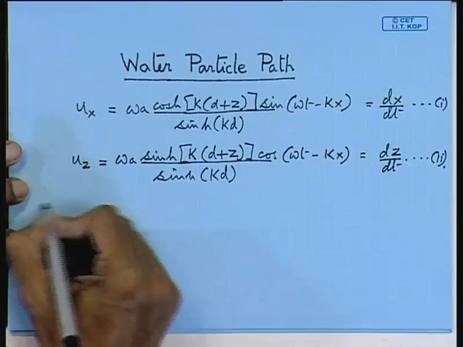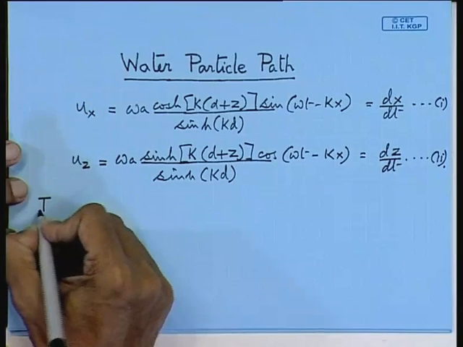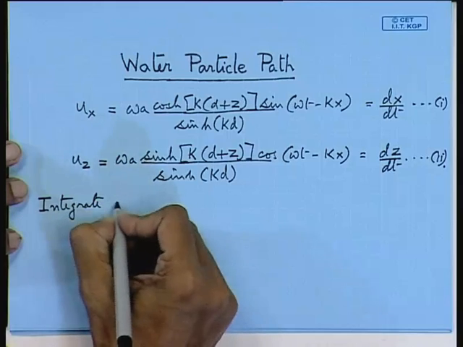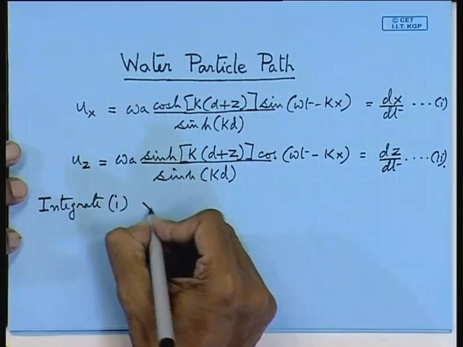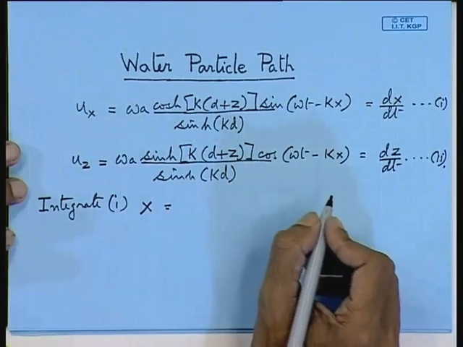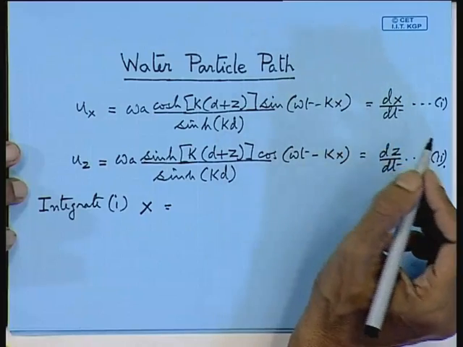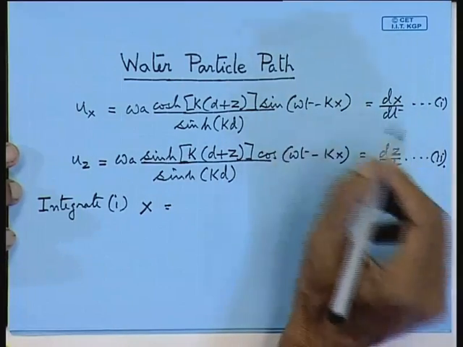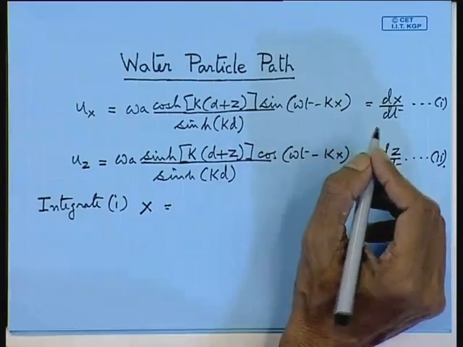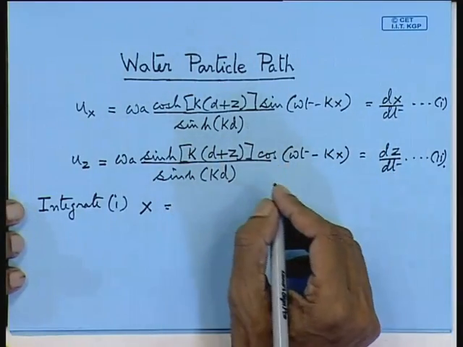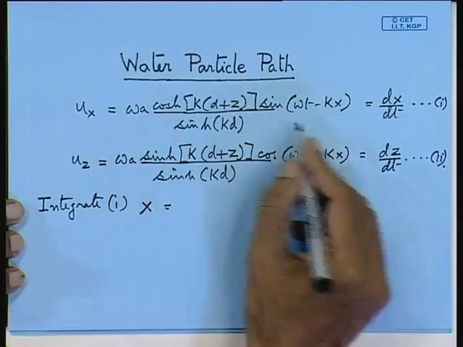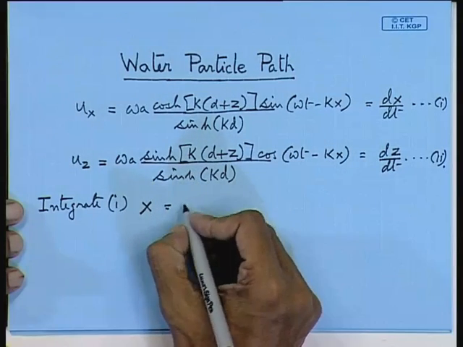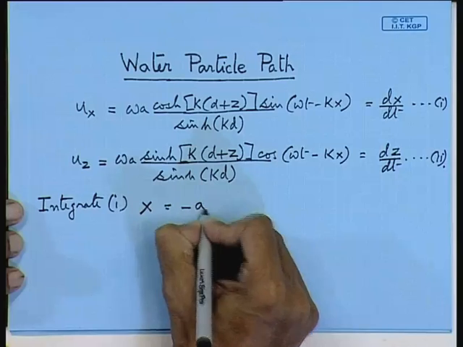So, integrate 1, what is the value? So, x will be, now you are integrating with respect to time. Only in the sine do we have the omega t minus kx, that t is coming in the sine term, so this will remain as it is. Omega will be divided by omega, and this will be minus a.